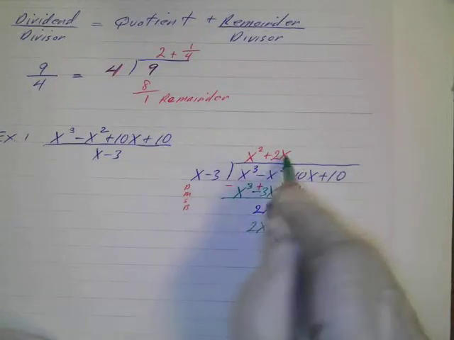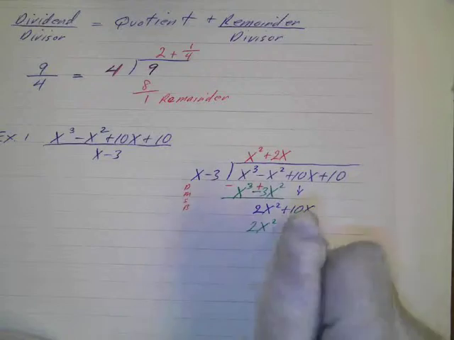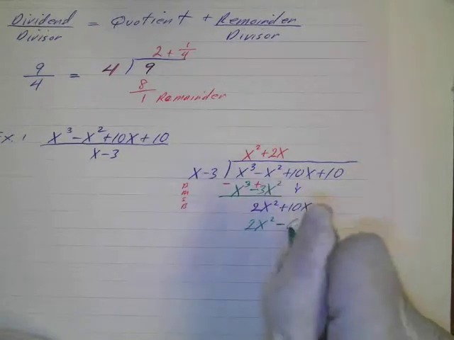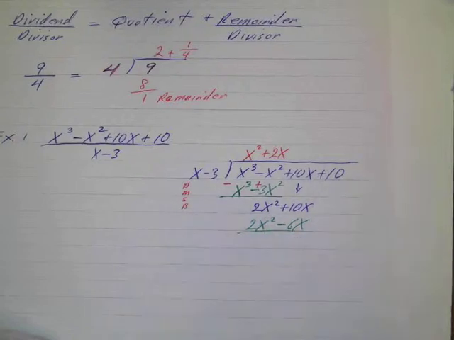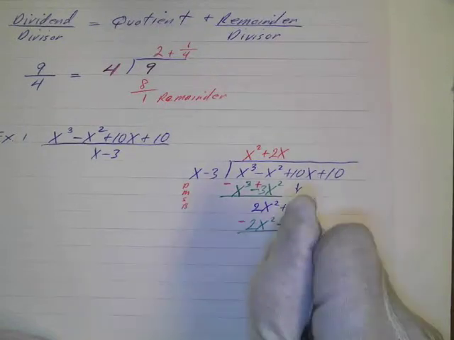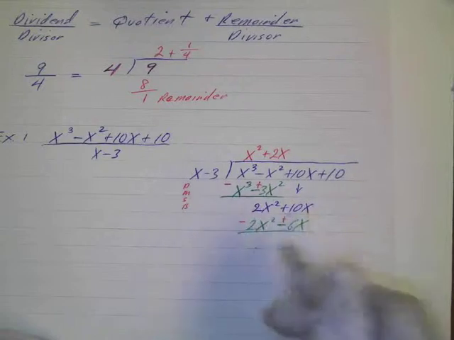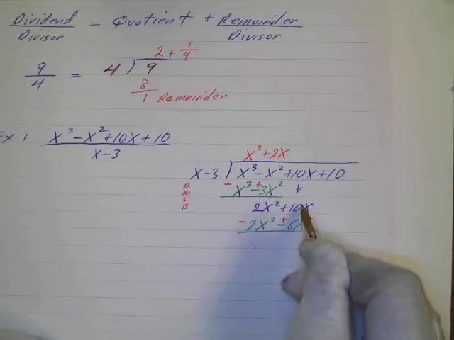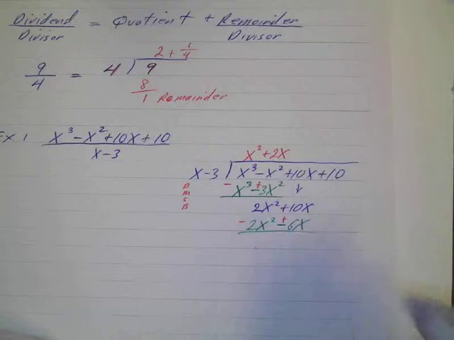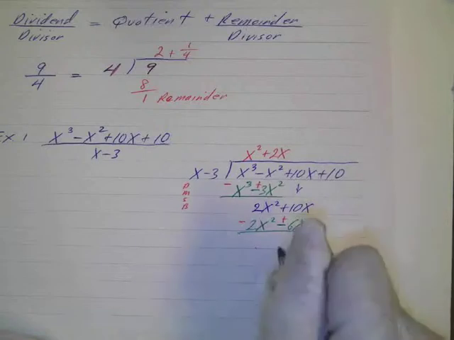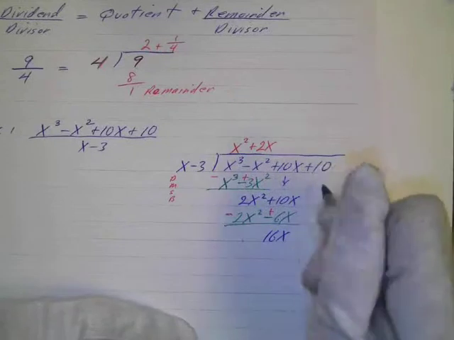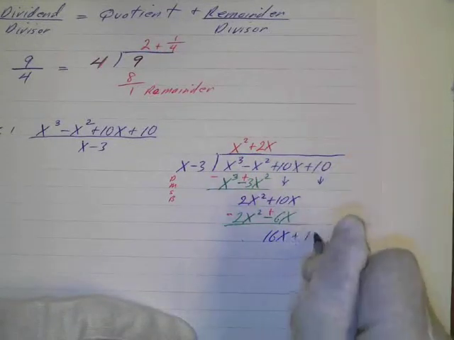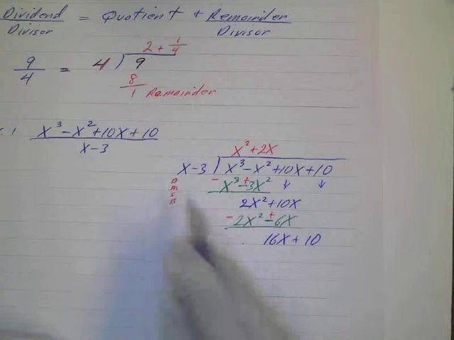If I multiply 2x times negative 3, I get negative 6x. And I'm going to subtract, so I'll change the signs, make this negative, and make this positive. That becomes 0, and what's 10x plus 6x? 16x, so I've got 16x. All right, then I bring down the 10. And then what do I have to multiply x by in order to get 16x?